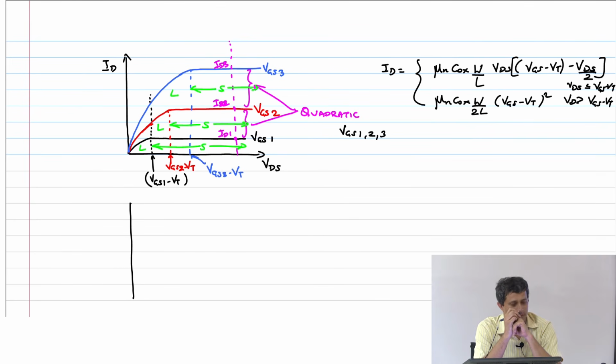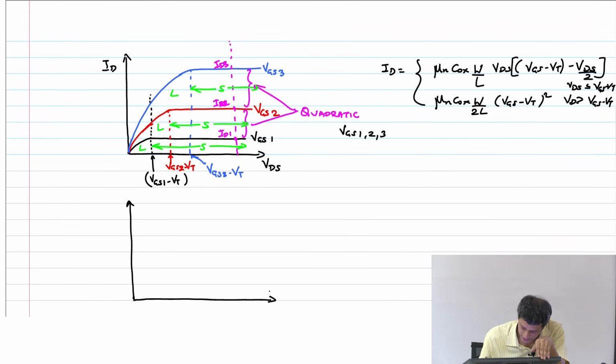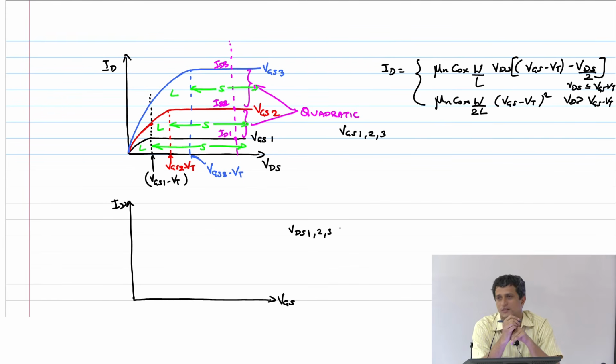Okay, in that plot. Now I want to look at ID versus VGS for various VDS 1, 2 and 3. Similarly, like last time, VDS1 is less than VDS2 is less than VDS3.